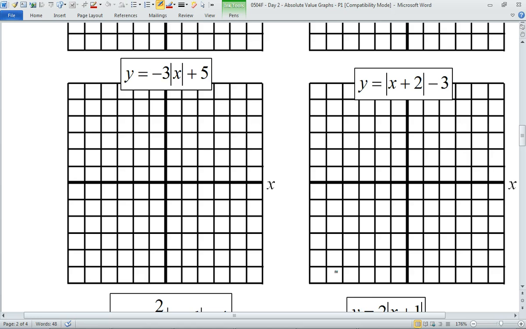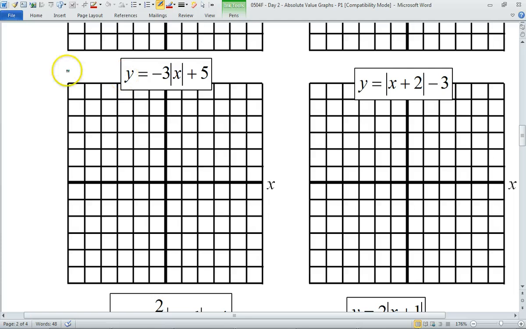So looking at this graph right here, picture it just like y equals mx plus b. Vertex. The first thing we have to decide is, what is the vertex? Now, look at the absolute value symbols. Is anything being added or subtracted inside the absolute value?